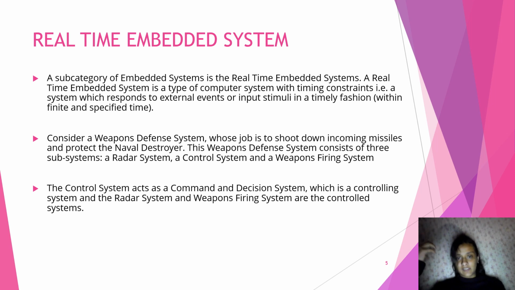Consider a weapon defense system whose job is to shoot down incoming missiles and protect the naval destroyer. This weapons defense system consists of three subsystems: a radar system, a control system, and a weapon firing system. The control system acts as a command and decision system, controlling the radar and weapon firing systems.